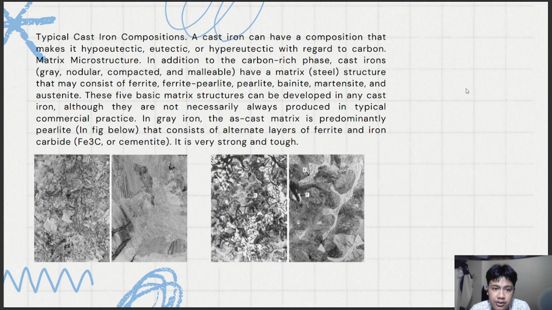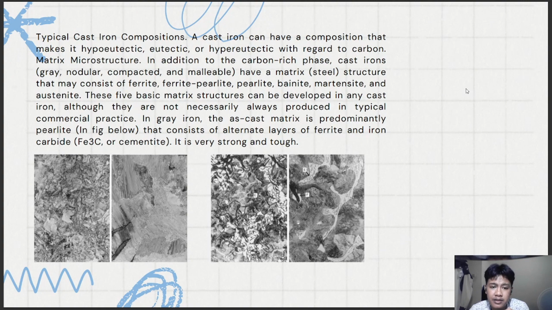Typical cast iron composition. A cast iron can have a composition that makes it hypoeutectic or hypereutectic with regard to carbon. Matrix microstructure. In addition to the carbon-rich phase, cast irons like gray, nodular, compacted, and malleable have a matrix structure that may consist of ferrite, pearlite, bainite, martensite, and austenite.